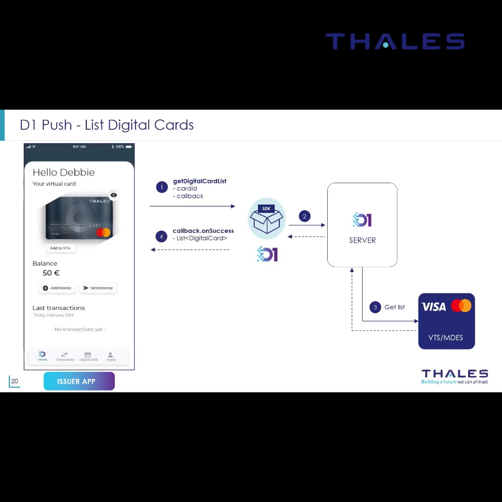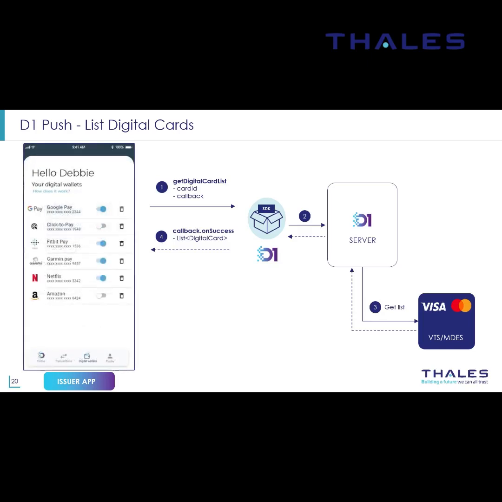Lastly, the SDK will return the list of digital cards to the issuer app in the onSuccess callback. The issuer app is meant to use this list to populate the user interface, allowing the end user to view the state of each digital card. Please note that the token requester logo is not provided by the D1 solution and the issuer application needs to source it from elsewhere.